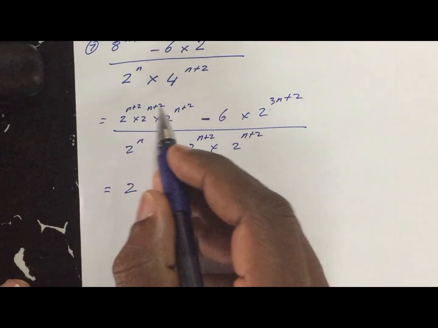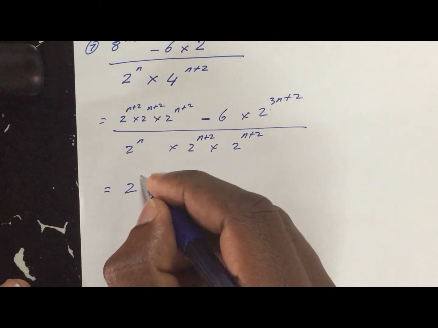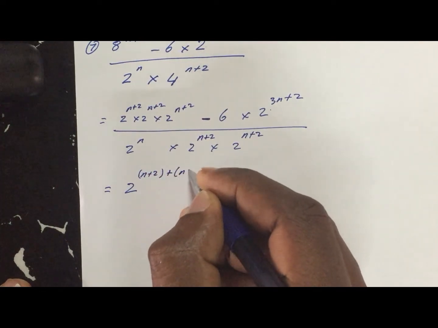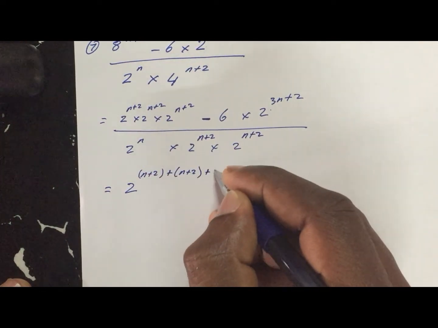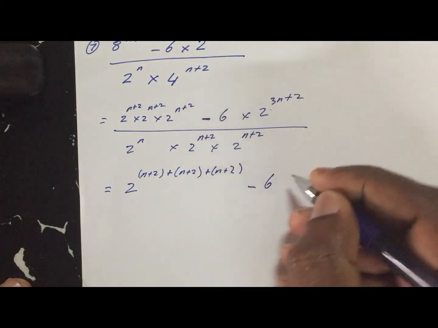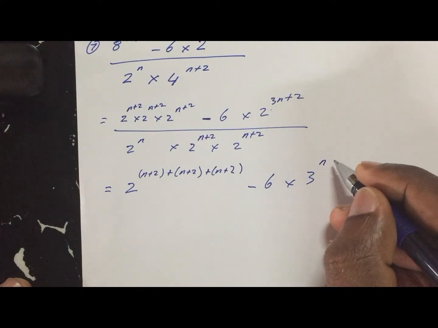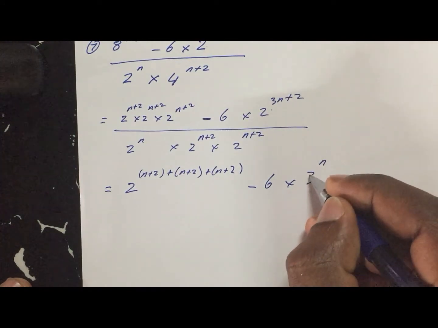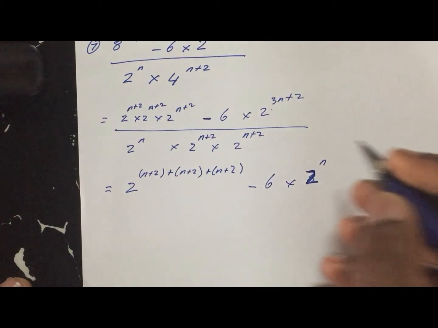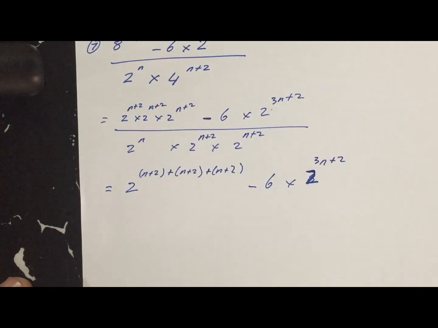We have n, so we're adding. Alright, let's go. We have n plus 2 plus n plus 2 plus n plus 2, minus 6 times 3, times 2, 3n plus 2.